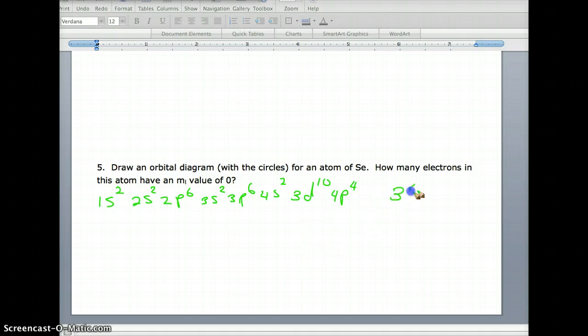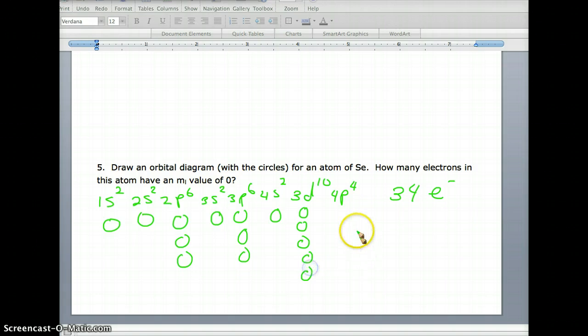So 34 electrons. All right, so I'm going to draw the orbital diagram. So I'm going to go ahead now and put the orbitals in. All the s's have 1 orbital, p's have 3. D's have 5. P's have 3.